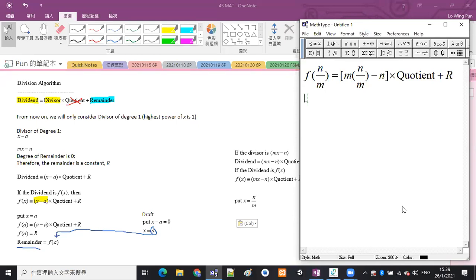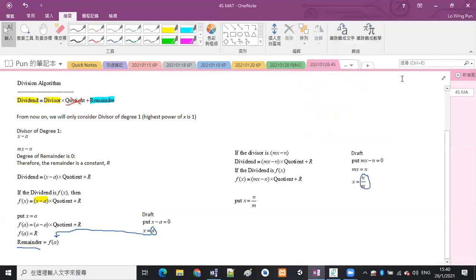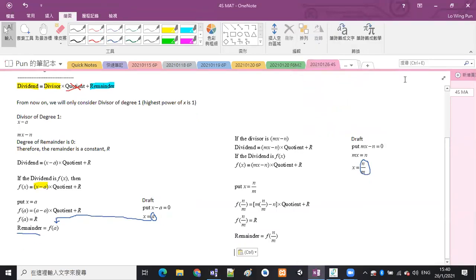But the m and m are cancelled by each other, and then n minus n are cancelled by each other, which means that what is remaining is f(n over m) is equal to 0 plus r, which means that the remainder is just equal to f(n over m). Okay, this is how we can calculate the remainder like this.